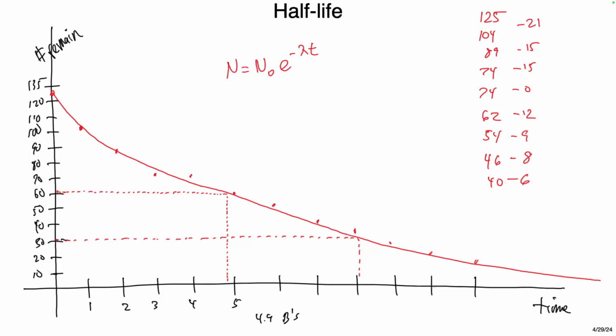A quarter. It's a half of a half, right? And then after the 3rd half-life? An eighth. A half of a 4th is an eighth. And after the next half-life, a 16th, a 32nd, a 64th. You get the idea? Every half-life that goes by, half of what remains decays.